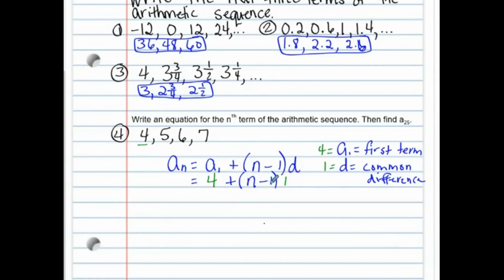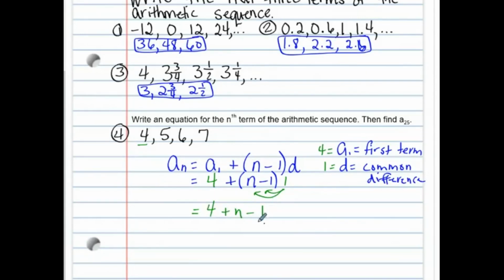Okay, so what we're going to do here is we are going to distribute the 1 into each part. So we end up with 4 plus, okay, 1 times n is n, and then 1 times -1 is -1. So we distribute first, and then we're going to combine our like terms.